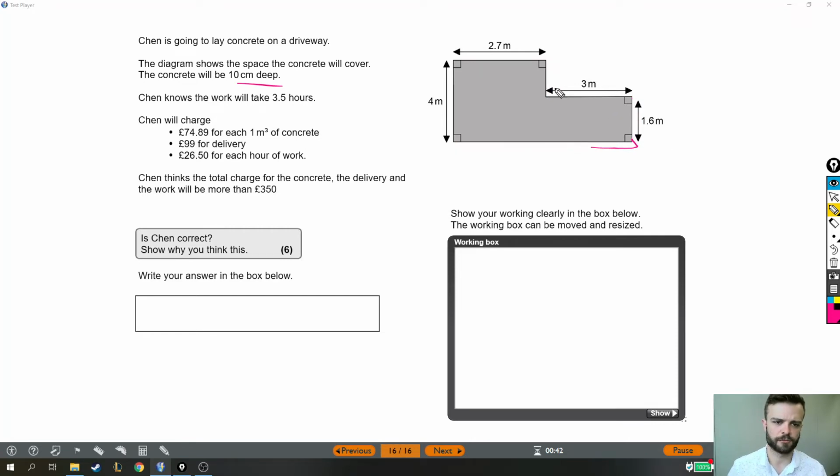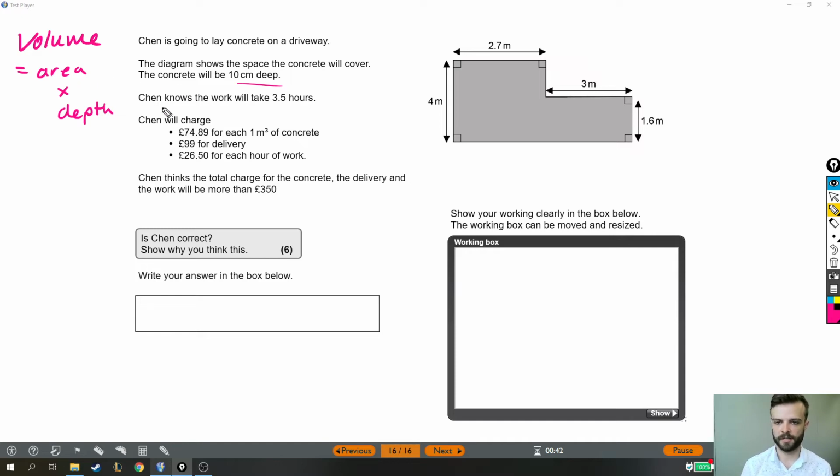That's not a very good drawing, but my point is we're going to need the volume, and to work out the volume we need the area so that we can times it by the depth. So I'll actually write that somewhere. The volume that we need is the area times the depth. That's a slightly shortened version of the actual formula, but that's fine for this.